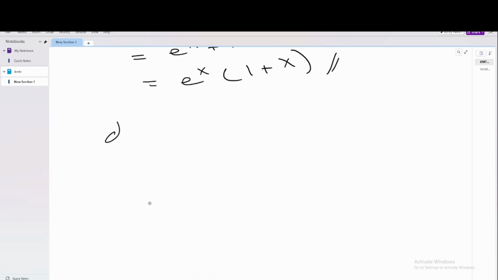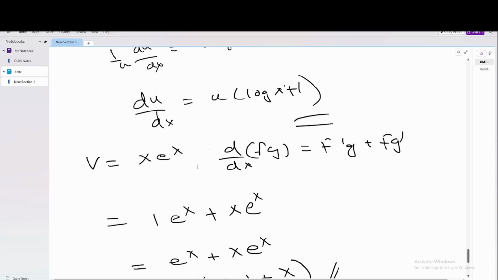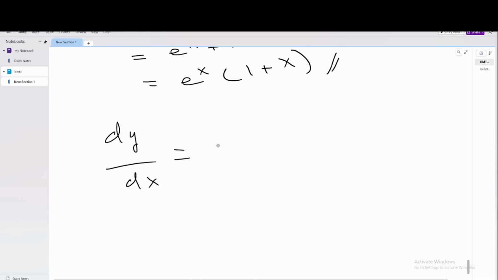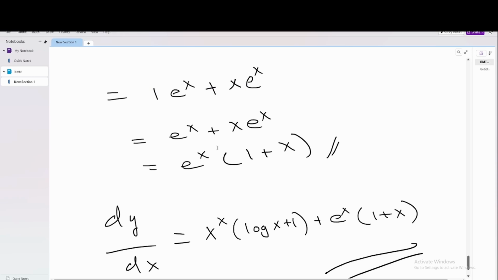So we will get dy by dx equal to, here u is equal to x raised to x, so it will be x raised to x into log x plus 1, plus the second term. It is the final answer.